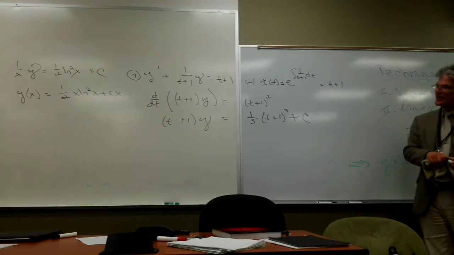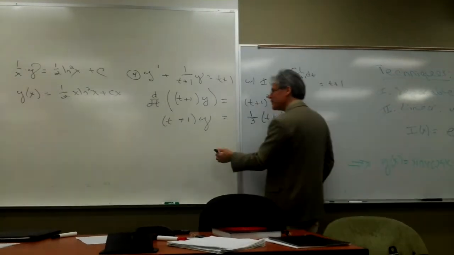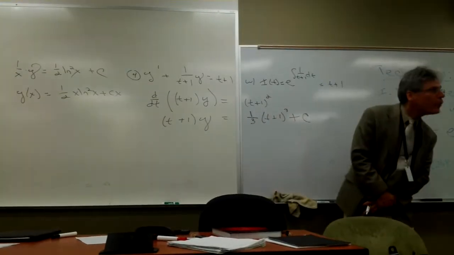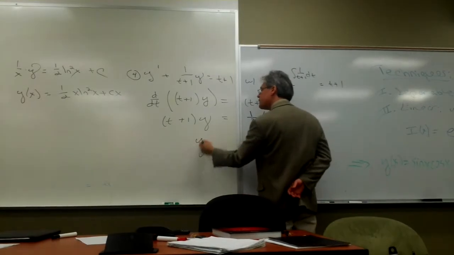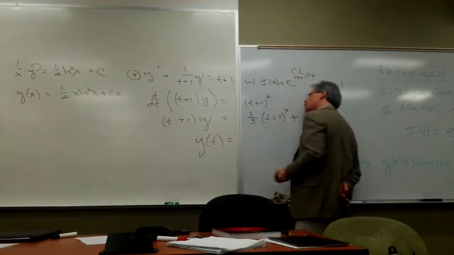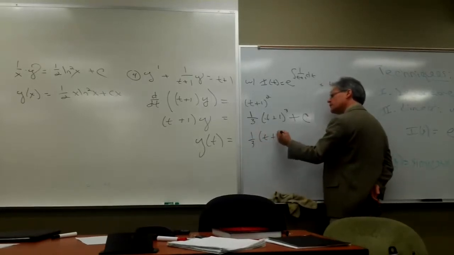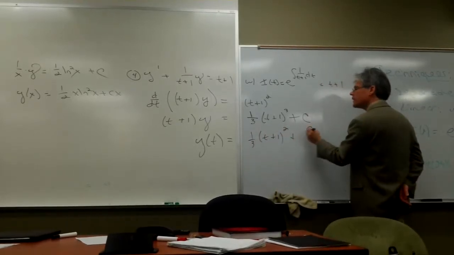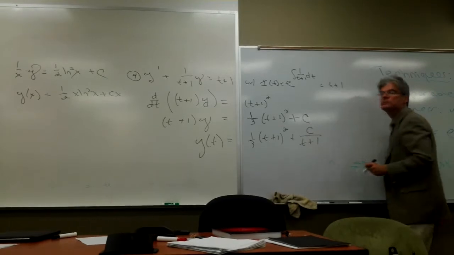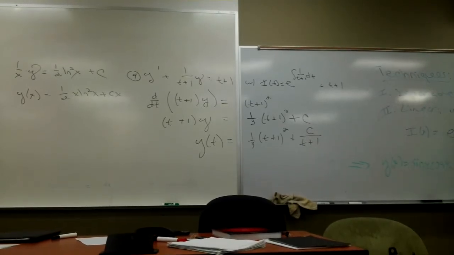And so in isolating y completely, y as a function of t is (t plus 1) squared over 3, plus some constant over t plus 1. Yes, sir.